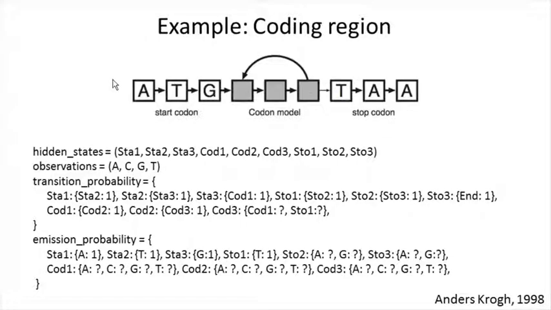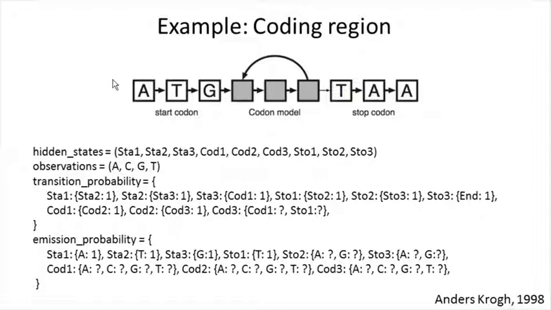Then we talk about gene finding. We will start with a very simplified model. It only considers the coding region.